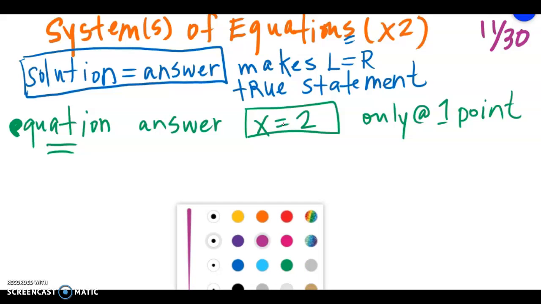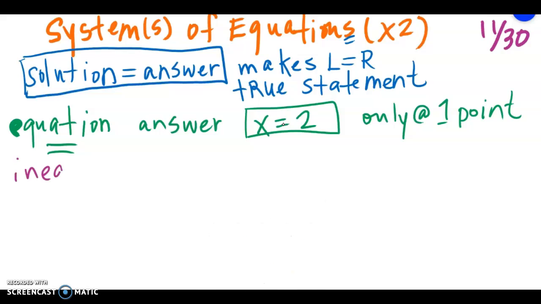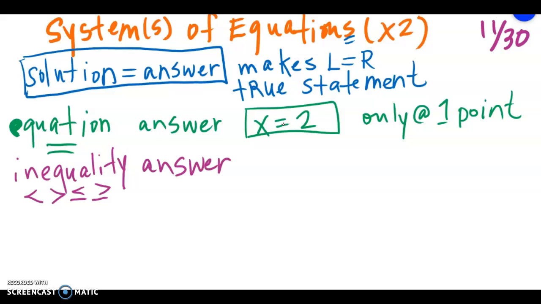When you have an inequality, remember, that's when you have the less than, greater than, less than or equal to, greater than or equal to symbols. The answer looks something like this: x, an inequality symbol, and then a number. Remember that there is also shading.